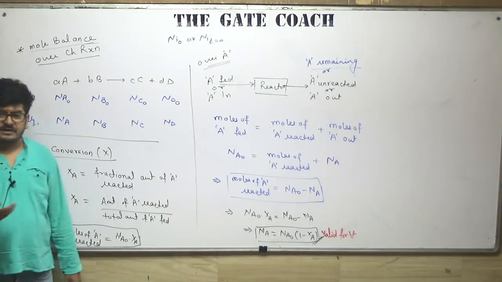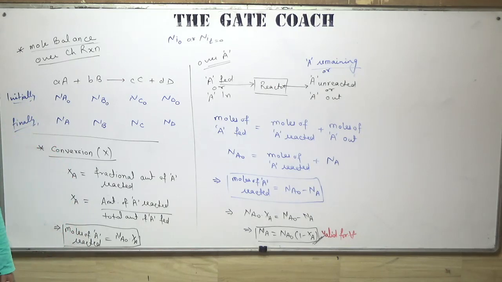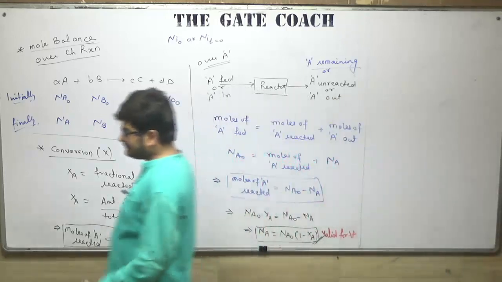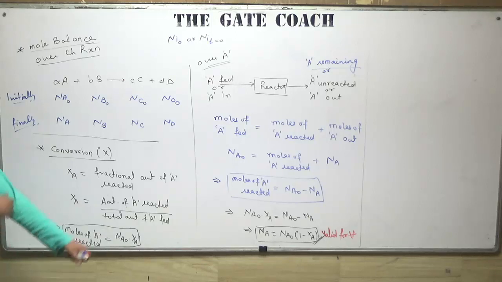So this is the relation between moles of A remaining and the conversion of A. Inform me guys when you note down all this part so that we can move ahead.